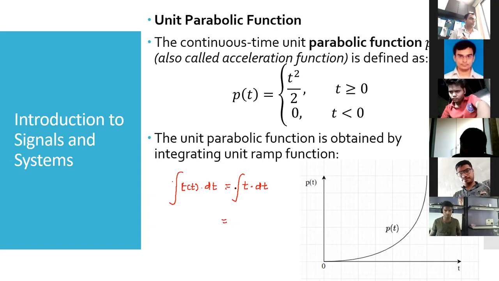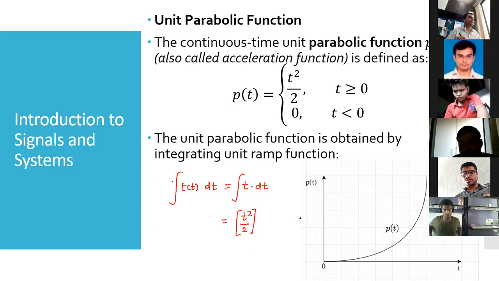So you have integration of t dt, which means it is t square by 2. Simple. And that's why P of t is equal to t square by 2. So P of t is simply obtained by integrating R of t with variable t.